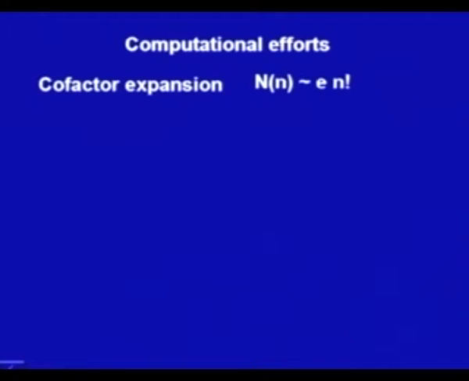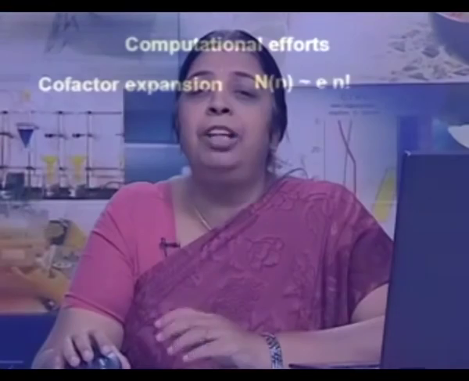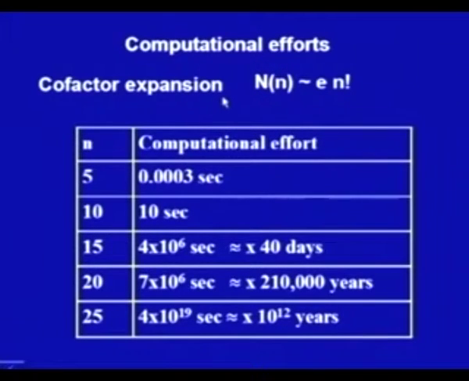Now, let us try to have some idea about the computational effort involved with matrices, because matrices are used extensively in engineering and scientific applications. If we use the cofactor expansion to evaluate the determinant, then the computational effort is of the order of factorial n.